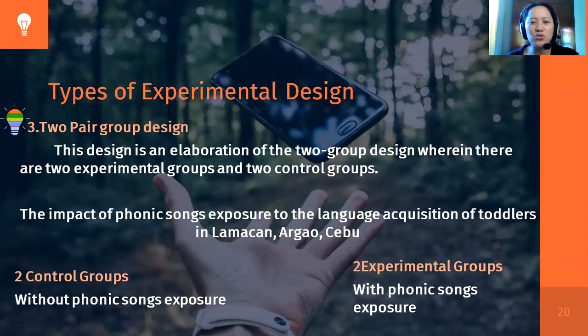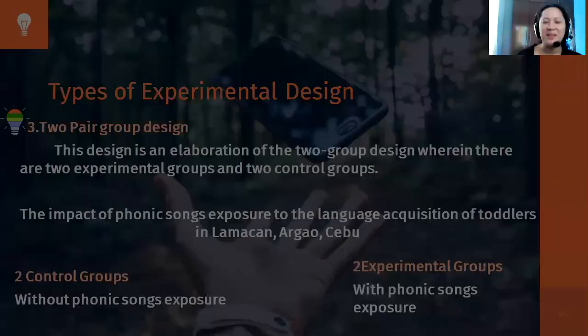So you choose respondent number 1 to 5 and respondent number 6 to 10 as your control groups, and then respondent 11 to 15 and respondent 16 to 20 as your experimental groups. So that is 2-pair group design.